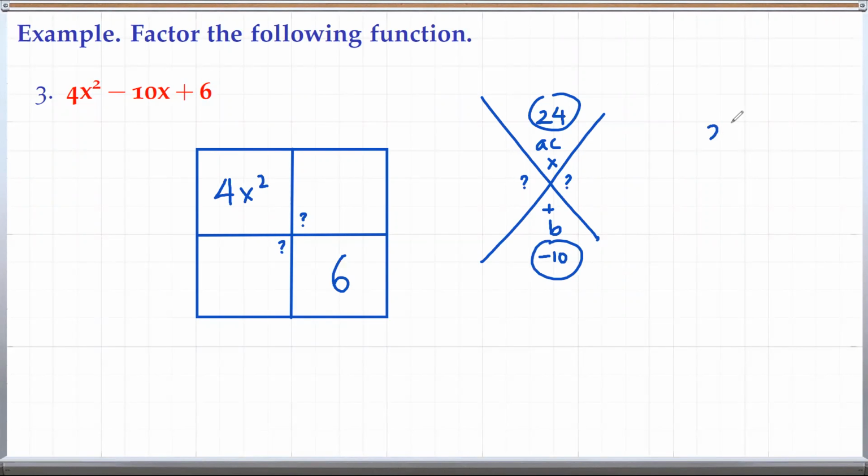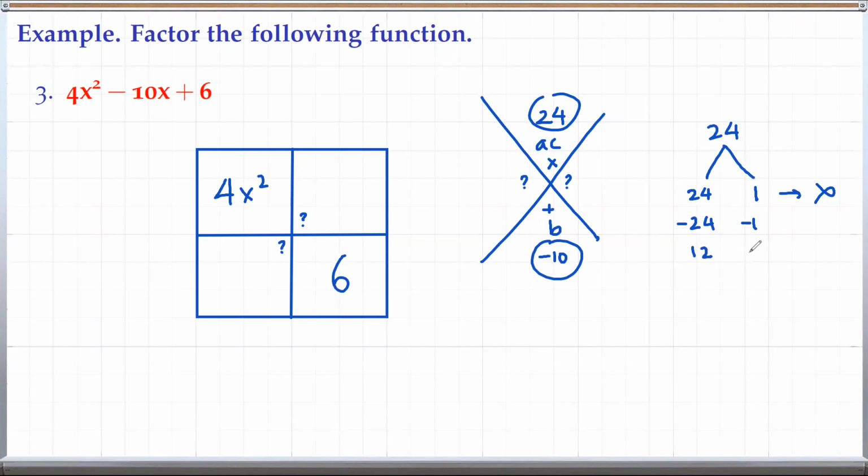So let's look at some ways of splitting 24. One way, of course, is 24 and 1. But 24 plus 1 is 25, so that doesn't work. We need the sum to be -10. The other way is -24 and -1. Let's first list all of them and see which one will work.